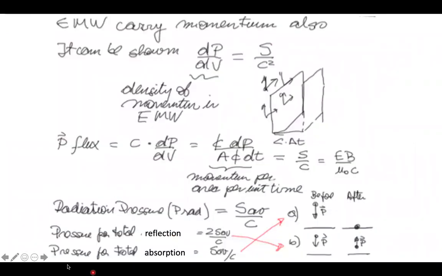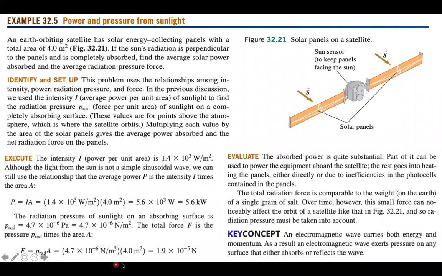Okay, and then there is the pressure part. What is the force that you are actually exerting on the satellite? The force is the radiation pressure, which is S divided by c, okay?